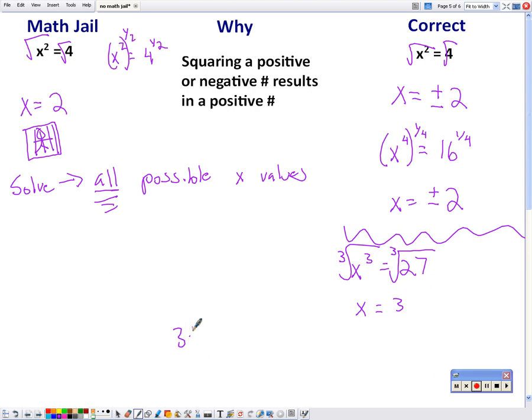If I do 3 times 3 times 3, I get 27. But if I do negative 3 times negative 3 times negative 3, I get negative 27. Even roots, even fractional exponents must put a plus or minus in front of your answer.